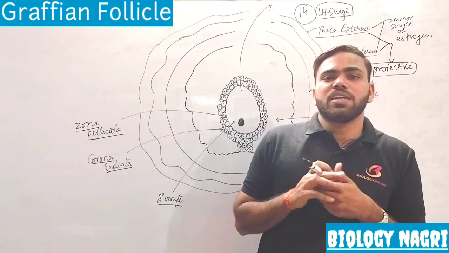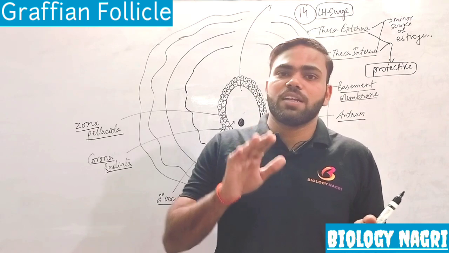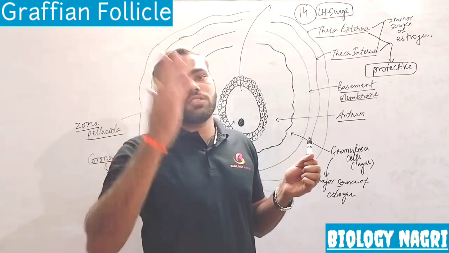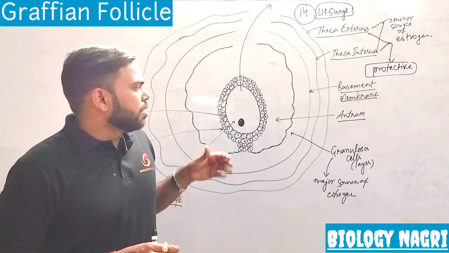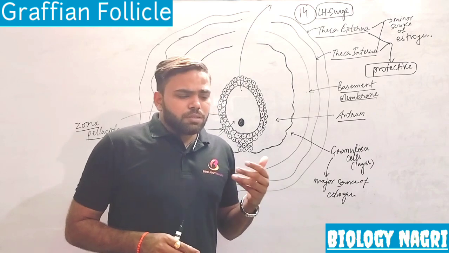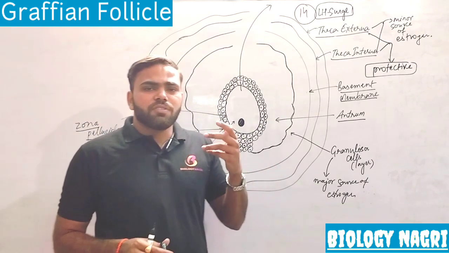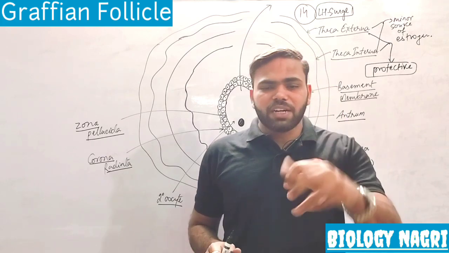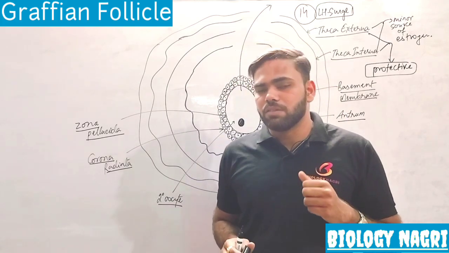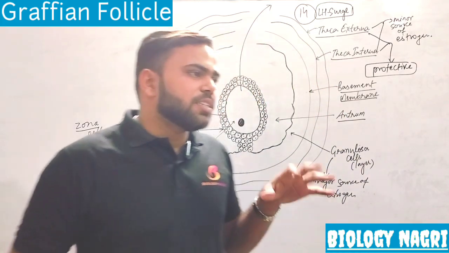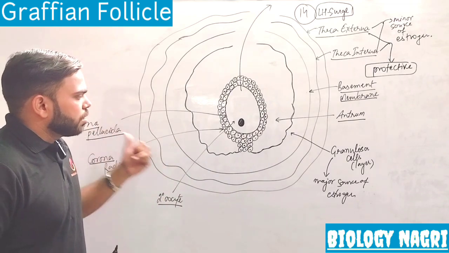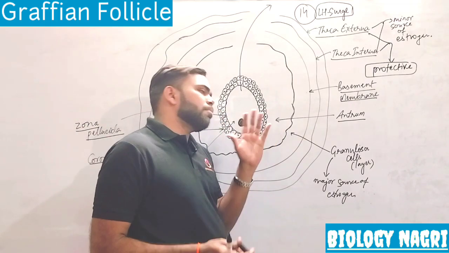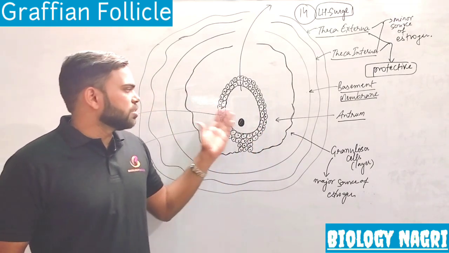The cells surrounding the secondary oocyte maintain the fertility of the oocyte until it is released from the Graafian follicle, because problems like hardening of the zona pellucida can affect its fertility. These surrounding cells help prevent such problems.